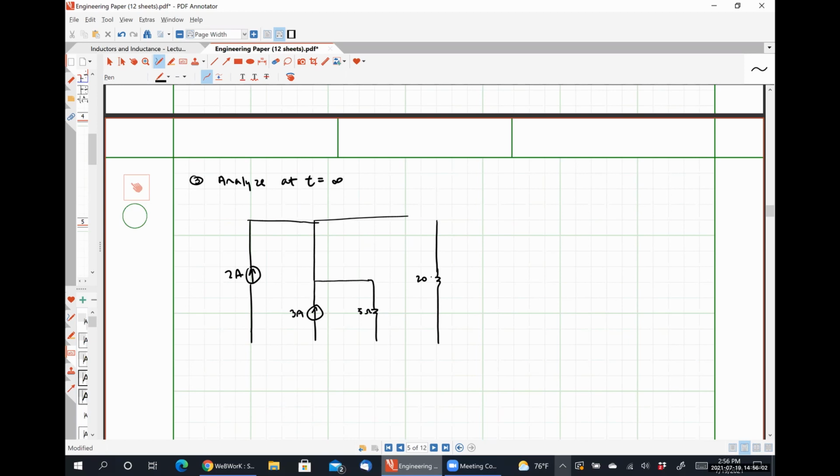Here is our 20 ohm resistor, excuse me. Here is VR at infinity. And again, t is equal to infinity represents a DC steady state condition. So we replace our inductor with a short circuit. And so here is the inductor current, IL at infinity, that we're looking for.